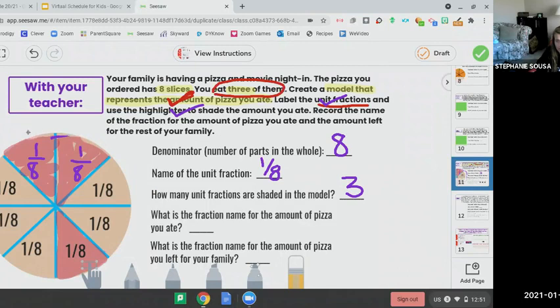My pizza crust. What is the fraction for the amount of pizza you ate? I ate 1, 2, 3 of the 8 pieces. So the fraction name for the amount of pizza that I ate is 3/8.